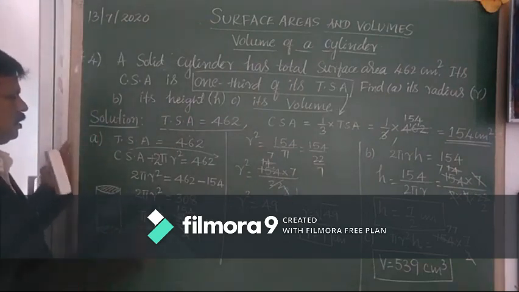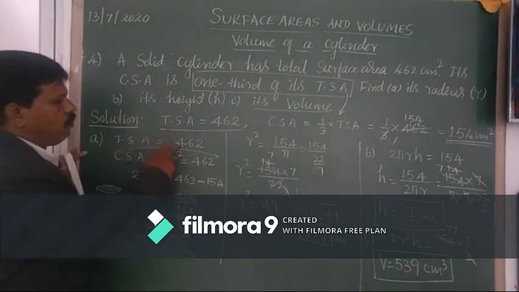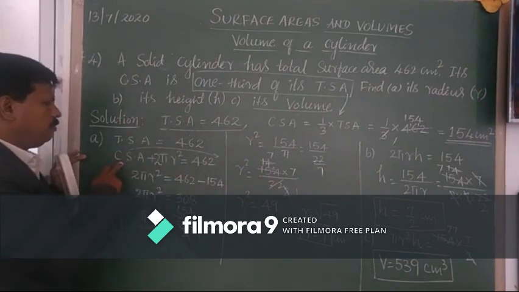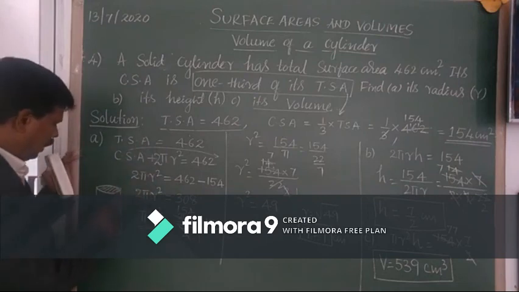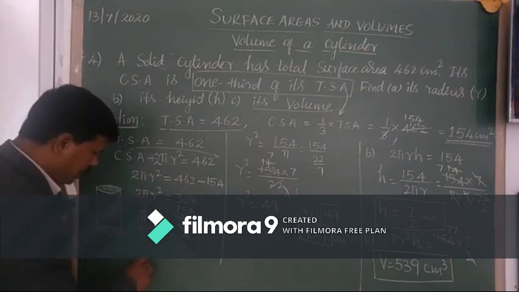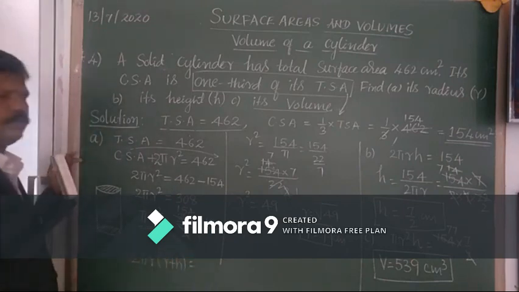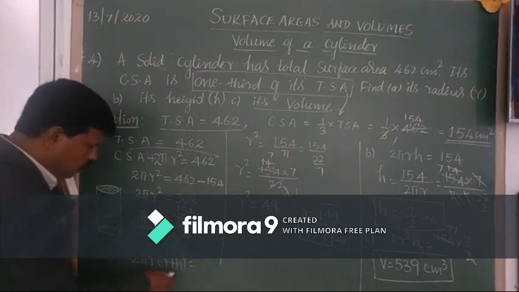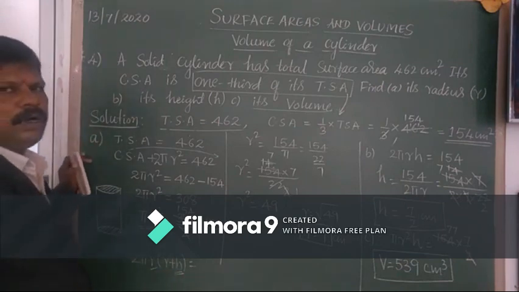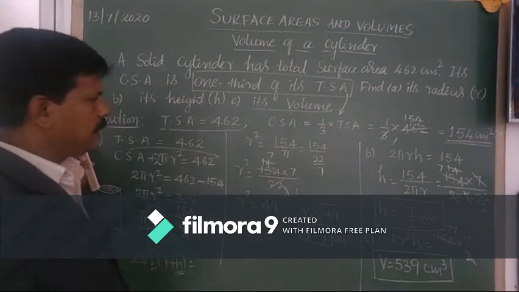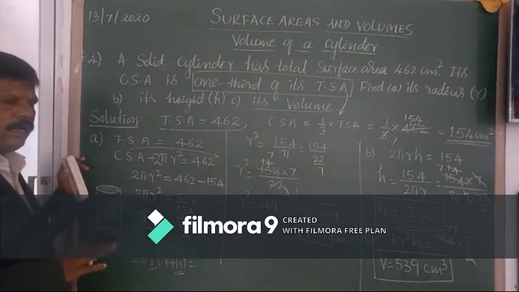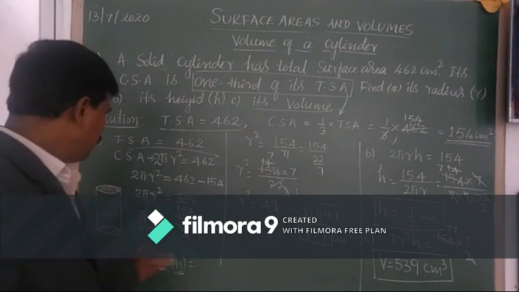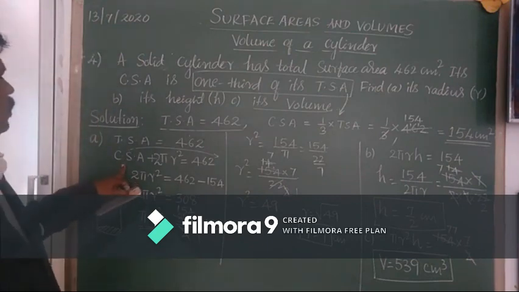Now coming to the total surface area 462, we should not write it as 2 pi r into r plus h, because here two unknowns are there. Remember, in a formula, if two unknowns are there, it is difficult to find the variables. Clear? That's why we should take the formula like this.